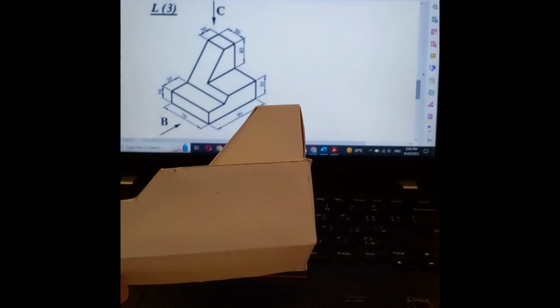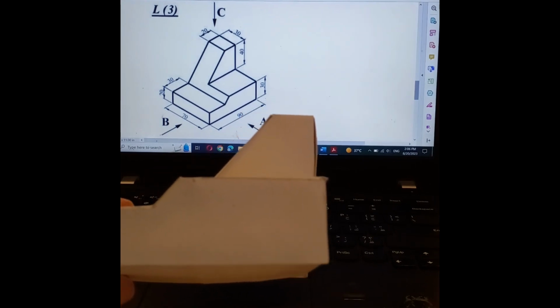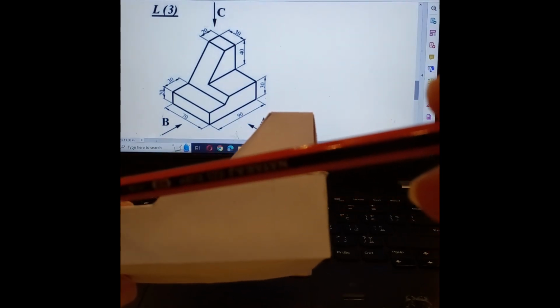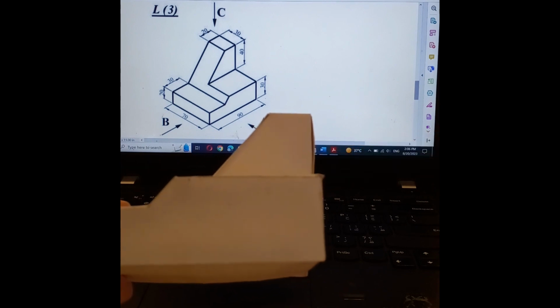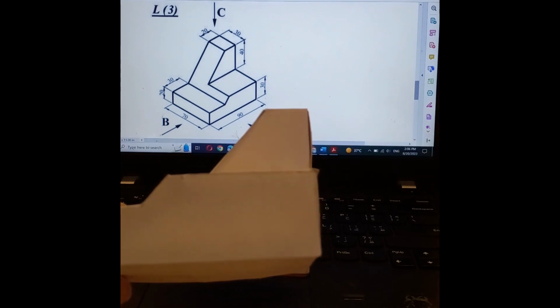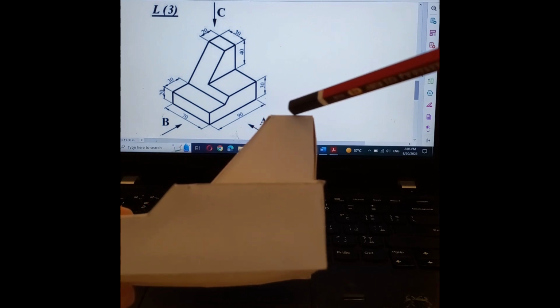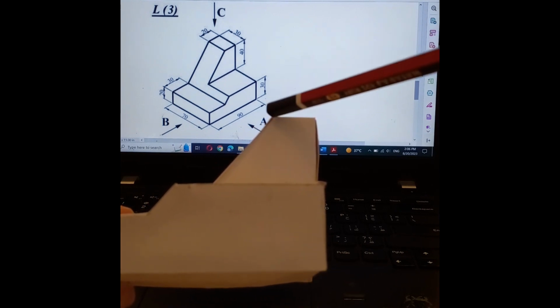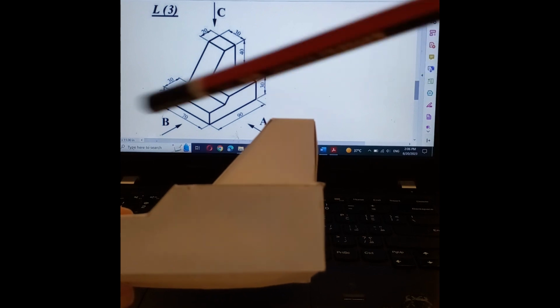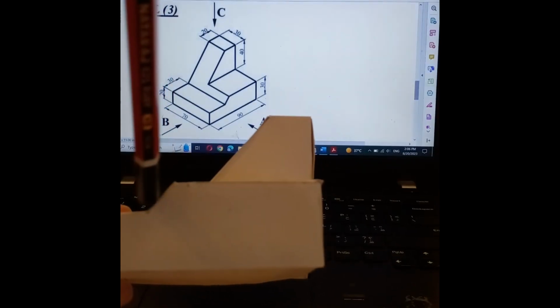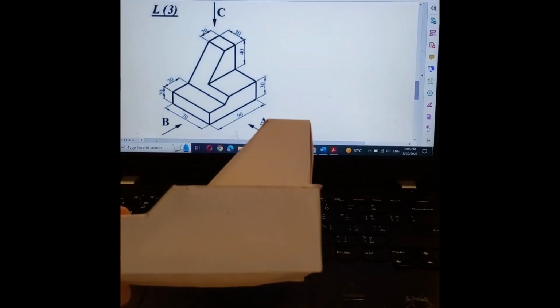Starting from the front view, we will go up by 20 millimeter, then go right by 30 millimeter from this side. Then from this point, we will go to the left by a certain distance, then draw a line connecting this point to this point. In this case, we draw this inclined line.